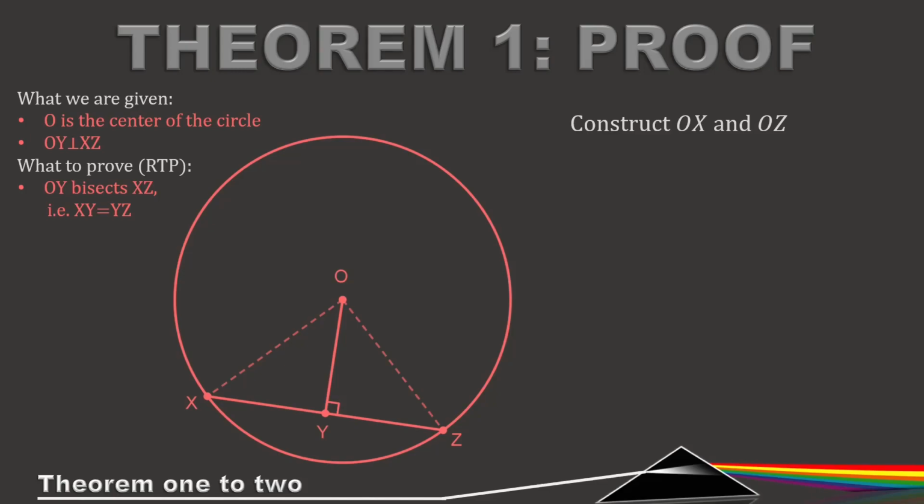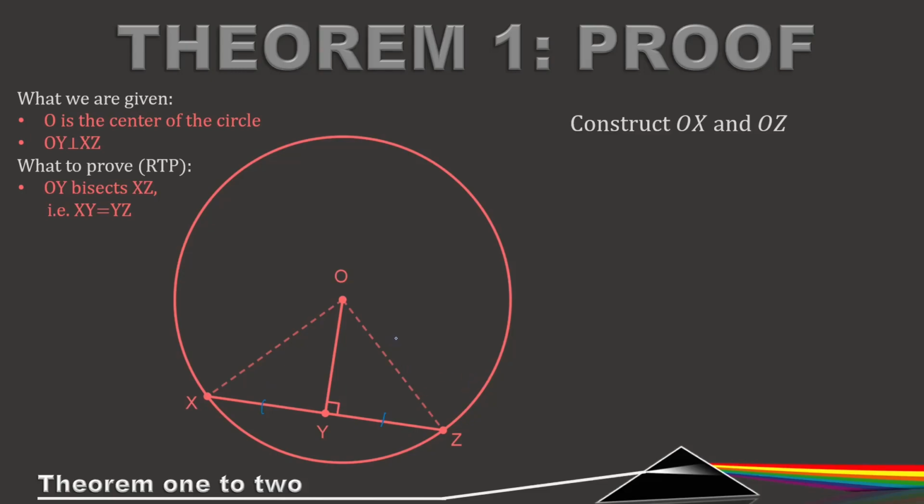And in geometry, when we want to prove two lines equal to each other, one of the methods, which is quite commonly used in geometry, is to ask: do those two lines lie in two separate triangles, all right? And if they do, can you prove those two triangles congruent to each other?